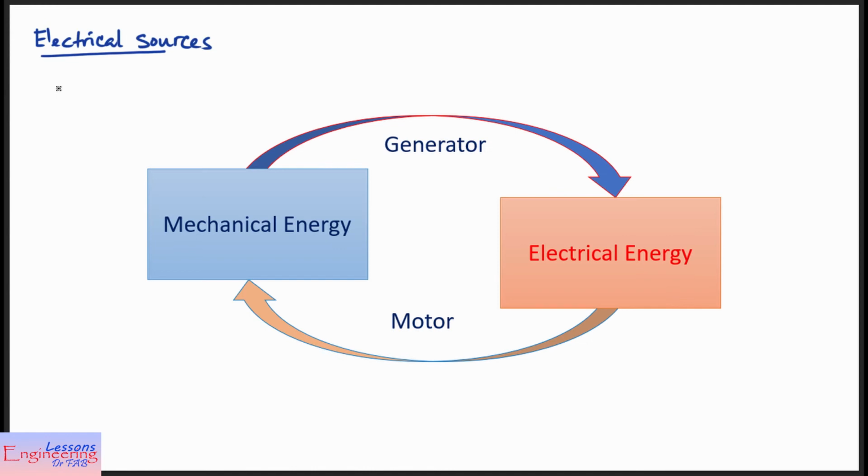For example, they can change mechanical energy into electrical energy and electrical energy into mechanical energy. And we assume that this change from one to the other form is reversible, ideally. So therefore a given electrical element can, for example, act as both a consumer and a generator of electrical energy.